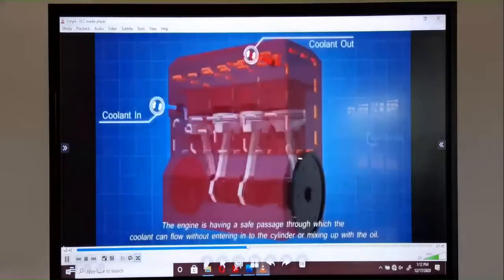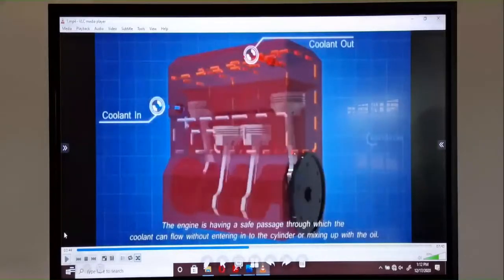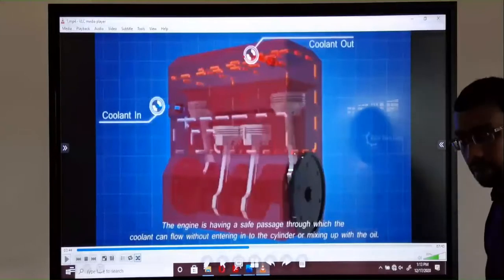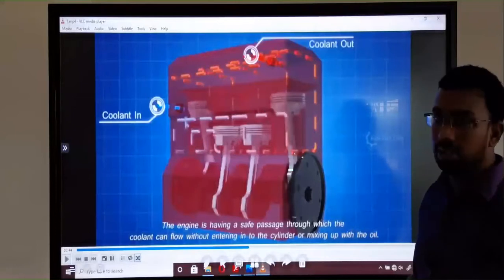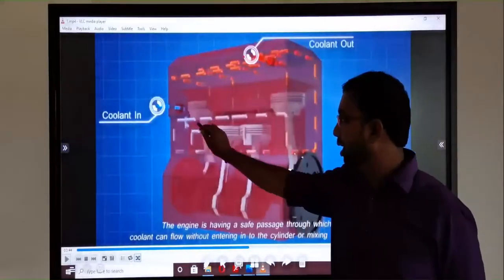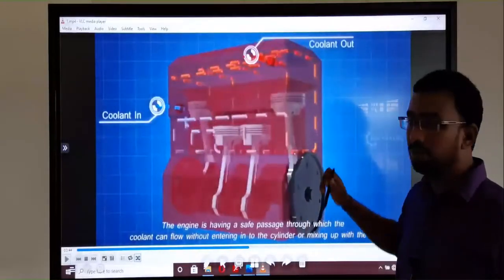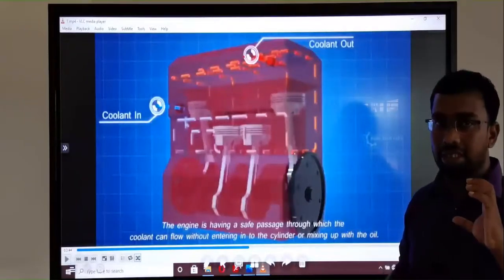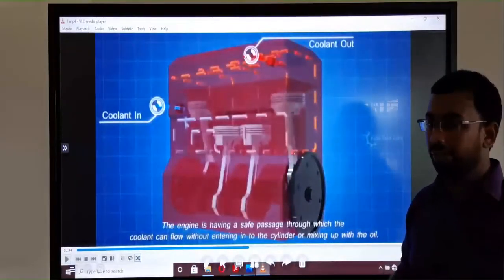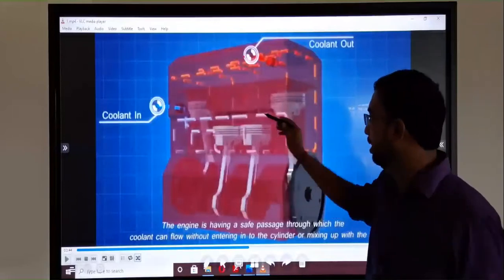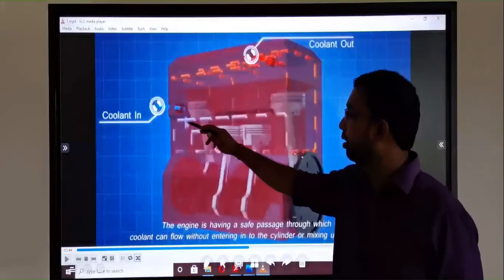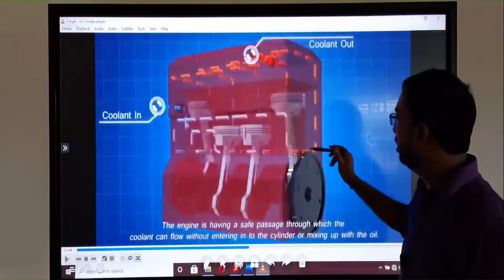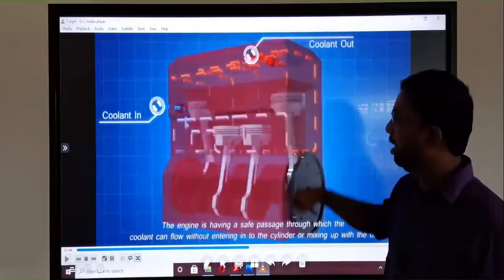You can see this is the passage of the coolant flow. So the coolant goes in here. There is a passage, an area like a hole, like a cave. There is a passage inside the engine block, and the coolant circulates through this passage. Here you can see the red or orange color coolant.